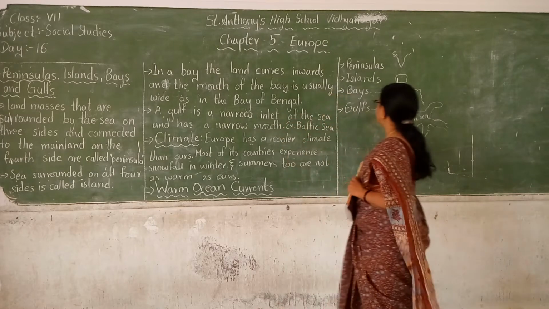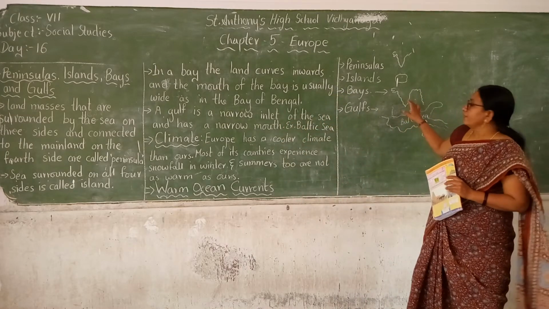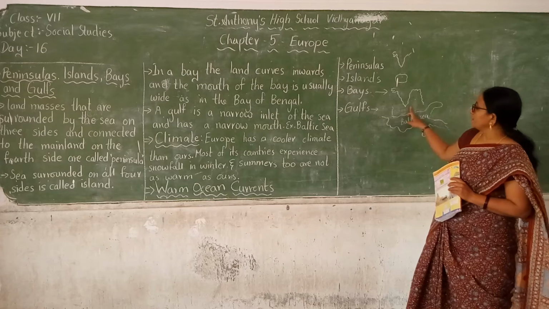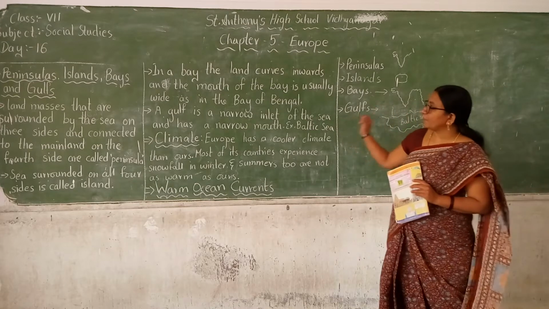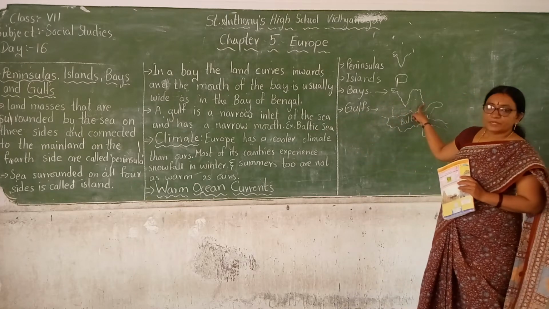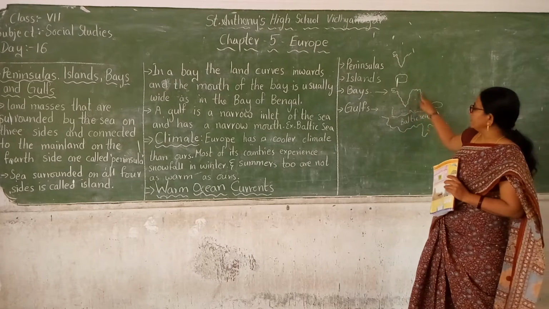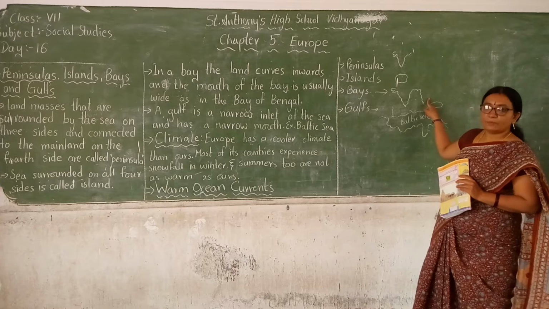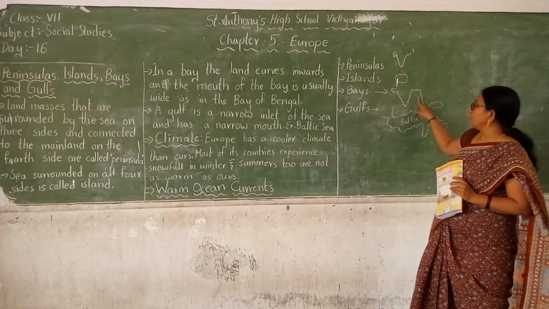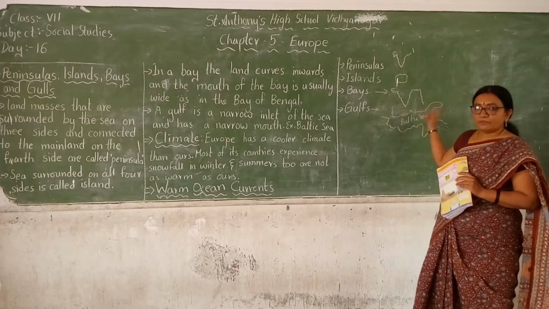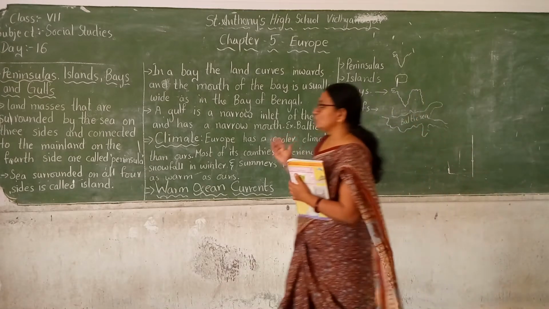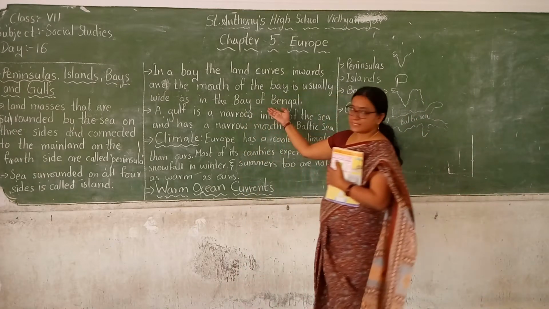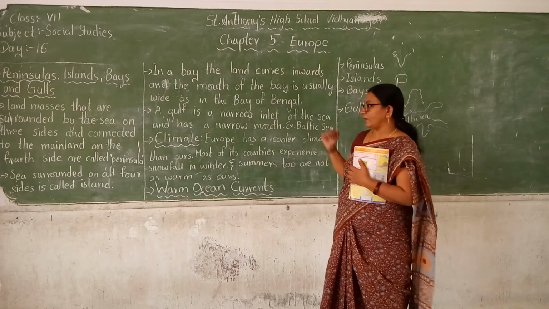The Bay of Bengal is also a bay where the mouth is usually wider compared to other water bodies. It is known as a bay where three sides are land masses and in the middle the mouth is very wide. Such a place is known as a bay. The best example is the Bay of Bengal.